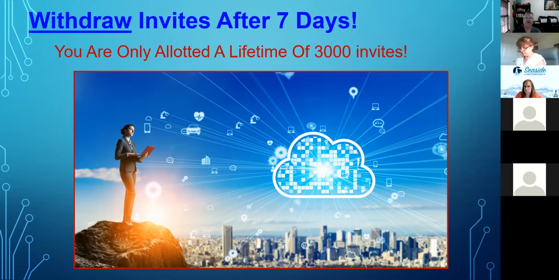By withdrawing the invite, it gives you back the ability to invite again them or other people. And so if you've invited 3,000 people and only 1,500 connected with you, and you withdraw the other 1,500, usually you're doing that 1 or 2 at a time, now you still have 1,500 remaining.